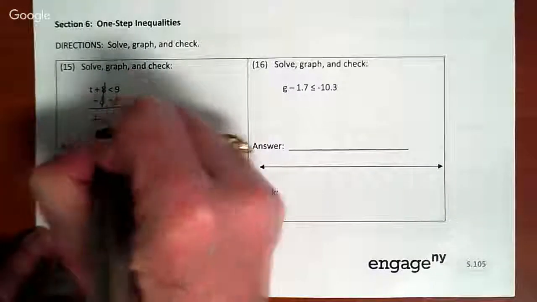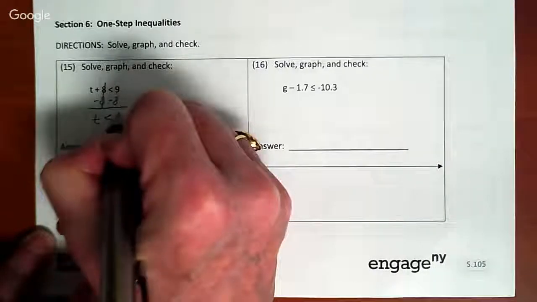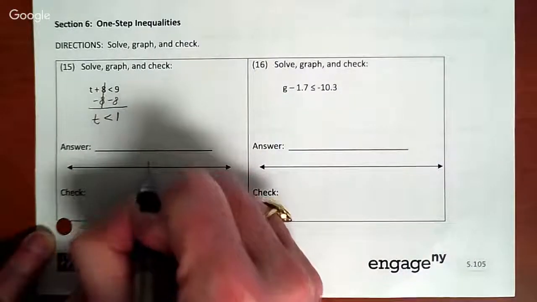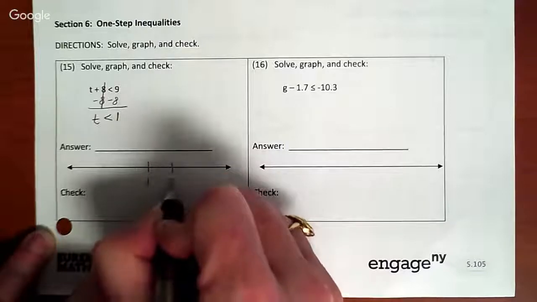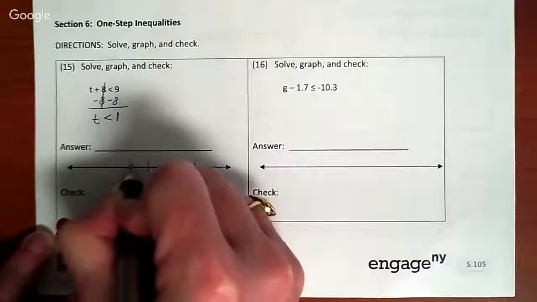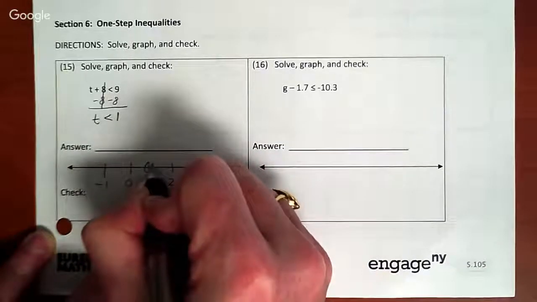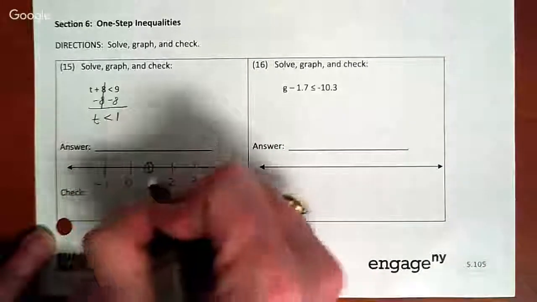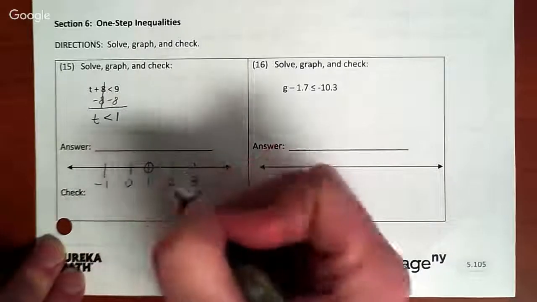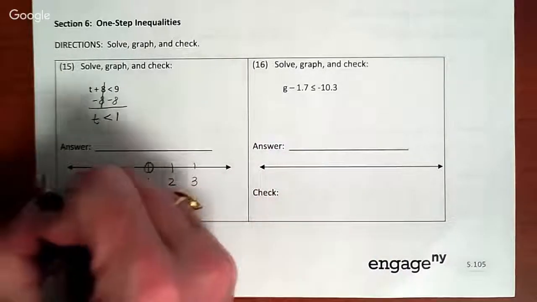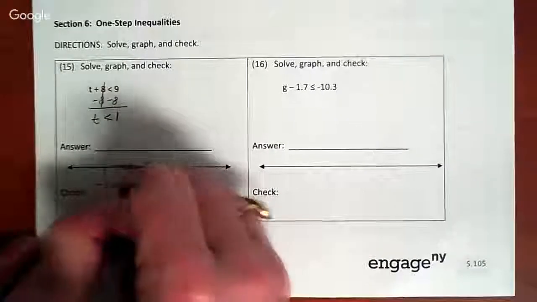And we have t is less than 1. So remember to put that number first. Go 2 above it, 2 below it, circle around it. There is no equal to, so it stays open. It's pointing to our window, so that's the way we shade.